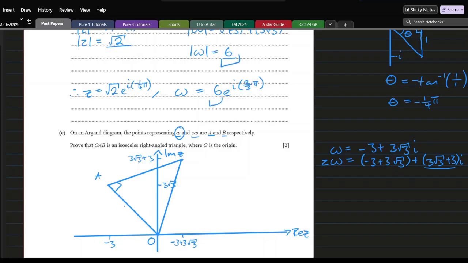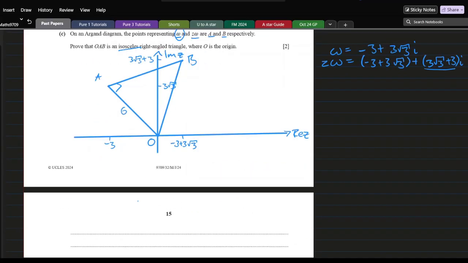So this distance from O to A is 6. I should have labeled this as B. The first step is to prove that this is isosceles. To prove that, the distance OA should be equal to the distance AB. OB would be our hypotenuse.